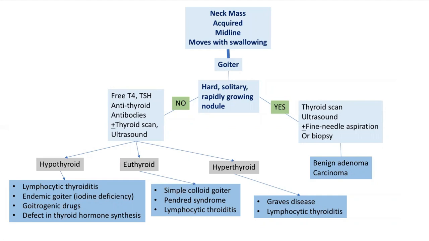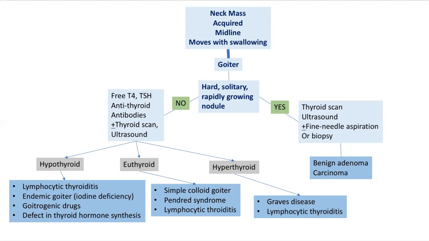If the functions are normal, euthyroid, this is a simple colloid goiter, which is usually due to iodine deficiency, or Pendred syndrome, which is goiter and deafness, or lymphocytic thyroiditis.